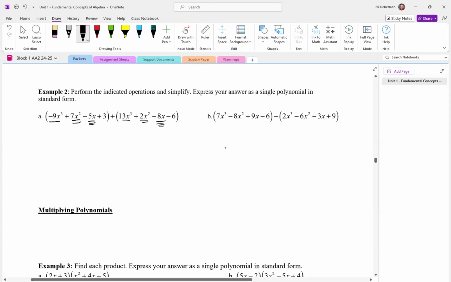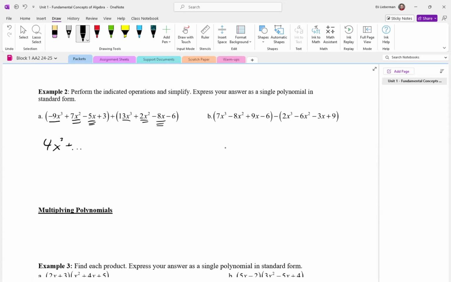Completely unnecessary. But when you add the cubic terms together, you're left with 4x to the third power, right? The term doesn't change. It's just the coefficient that changes. I'm just going to put dot, dot, dot, because we have stuff to do.